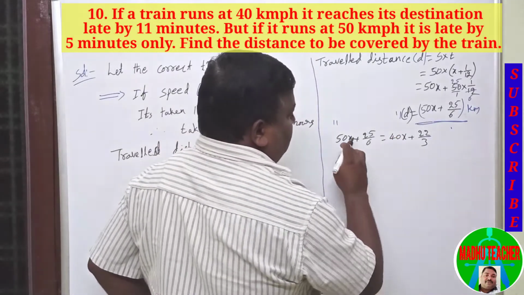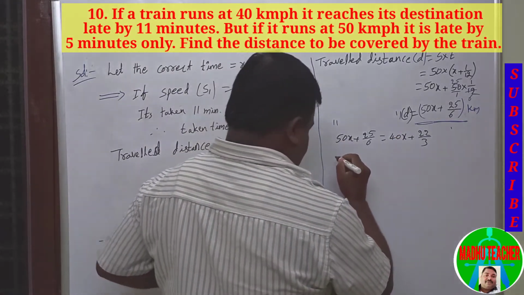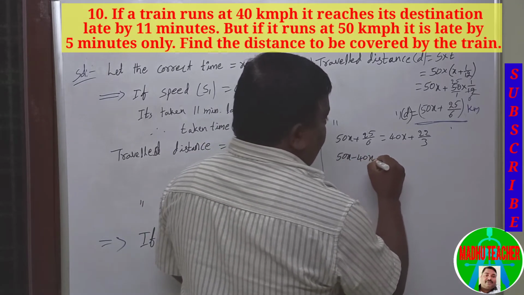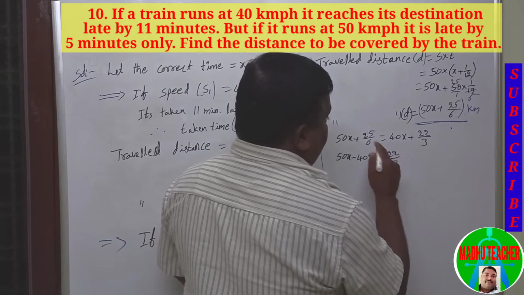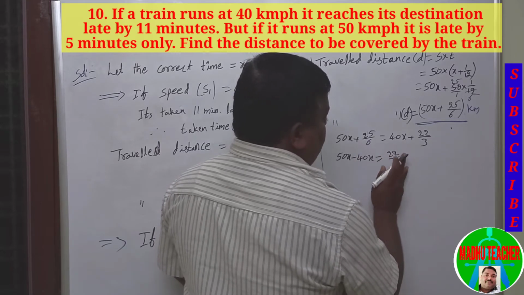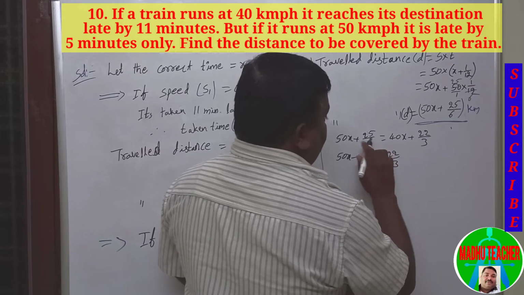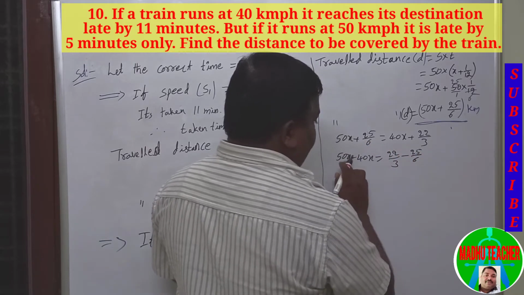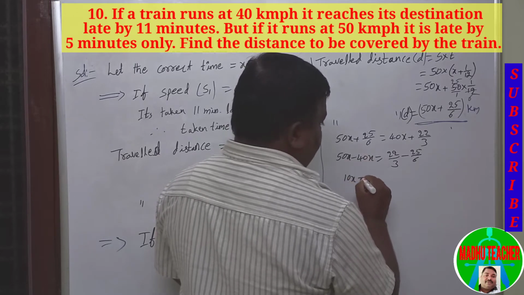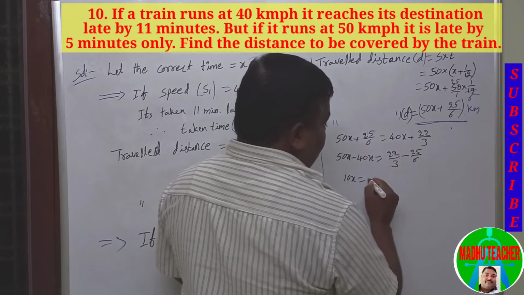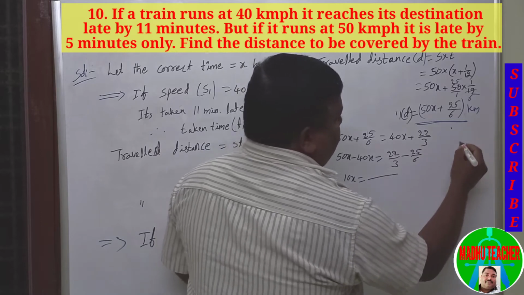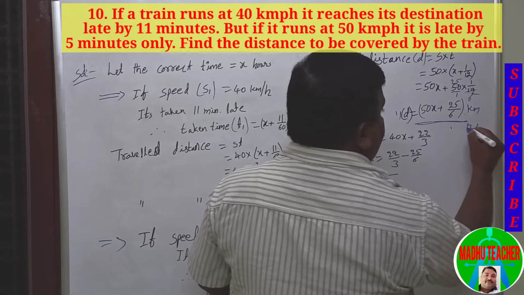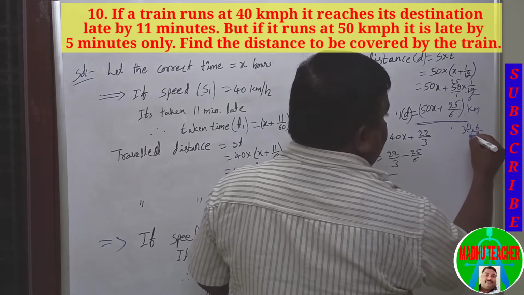So transposing variables to the left side and constants to the right side: 50x minus 40x equals 22 by 3 minus 25 by 6. So 50x minus 40x is 10x, equals. The LCM of 3 and 6 is 6.